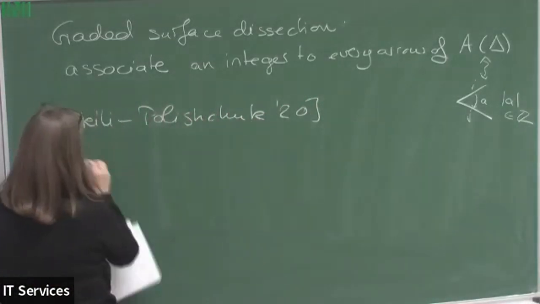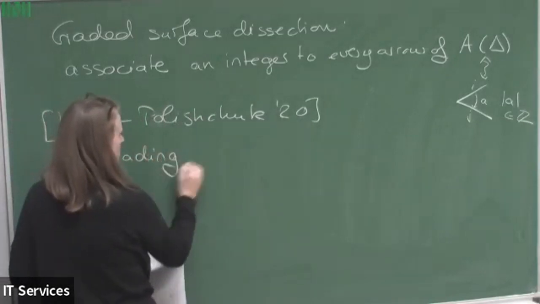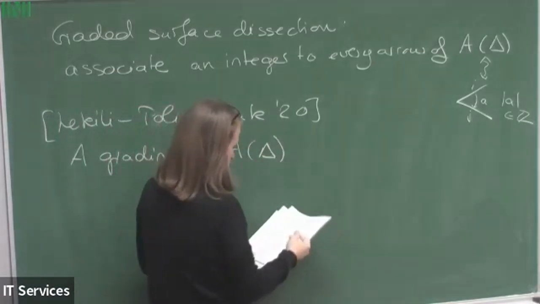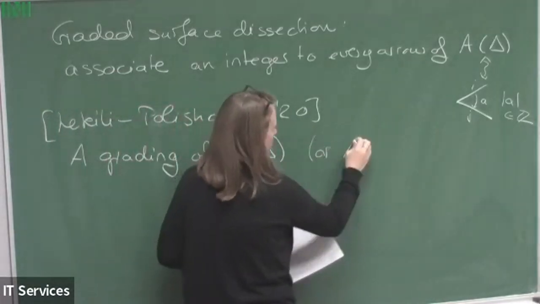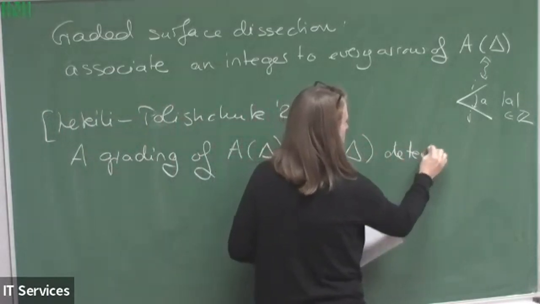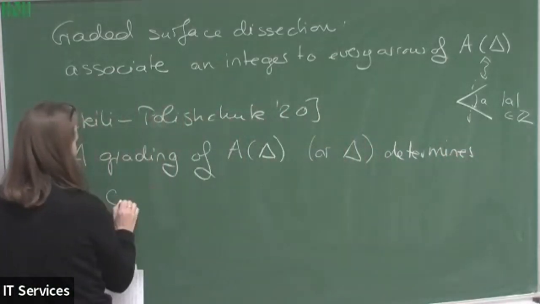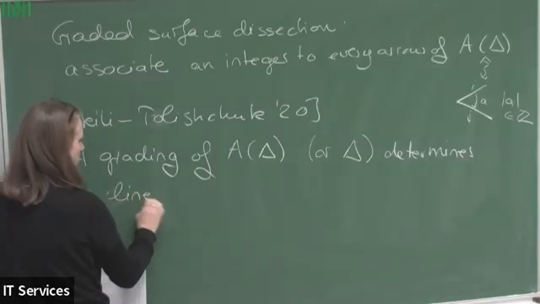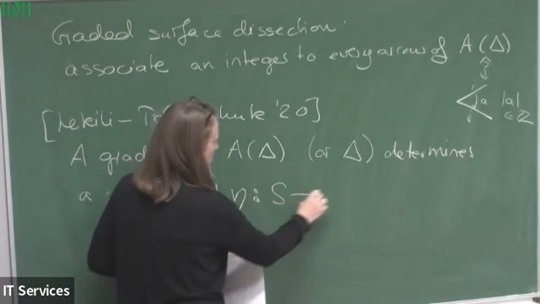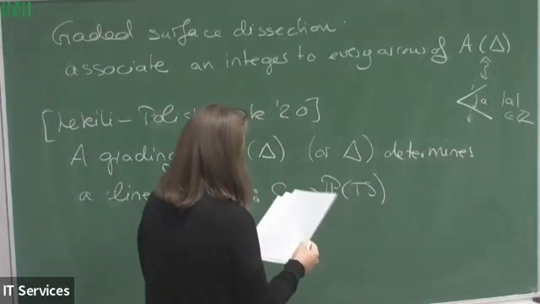So they show that a grading of delta, or simply of the ribbon graph or the surface dissection, determines a line field eta, which is a section of the projectivized tangent bundle on the surface.